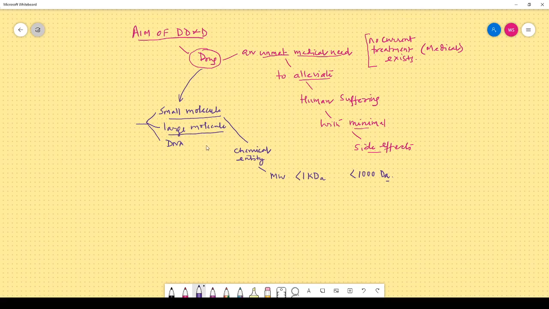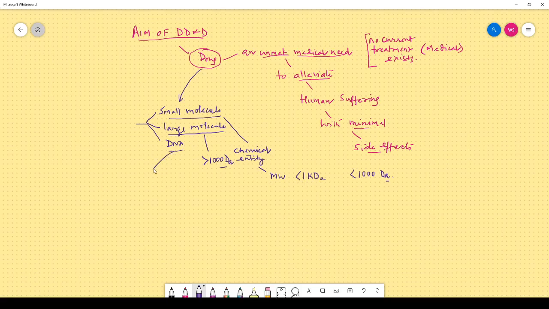So then what is a large molecule? Large molecule is any entity above 1000. Okay, so this is above 1000 Daltons. Or it can be a therapeutic that is targeted at the DNA.